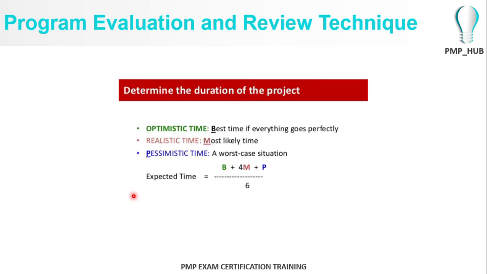In such a scenario, you could take an expected time of the beta distribution: the best possible time, plus 4 times the most likely time, plus the most pessimistic or worst case scenario time, divided by 6.